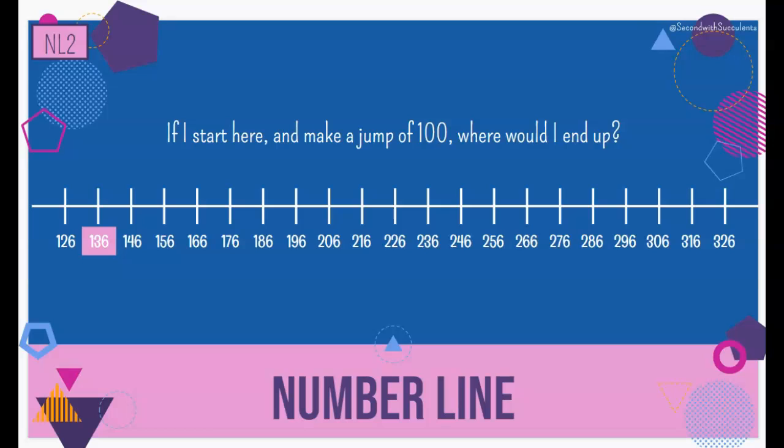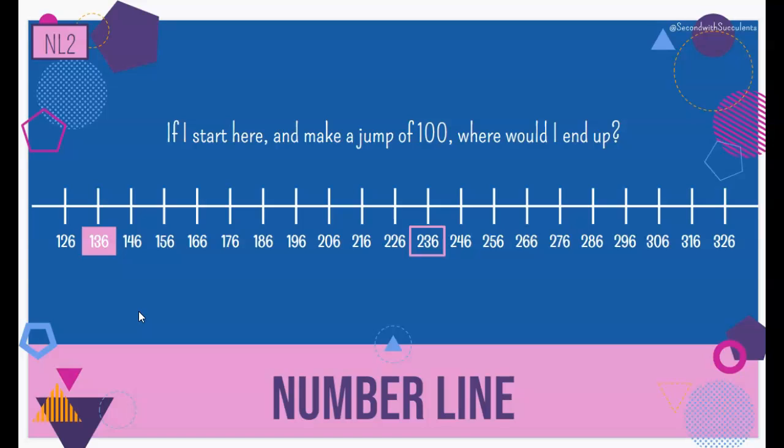Now, if I'm looking at the same number line, and if I start right here on 136, and I make a big jump of 100, where would I end up? Now, if you were thinking 236, wonderful. How did you know that?